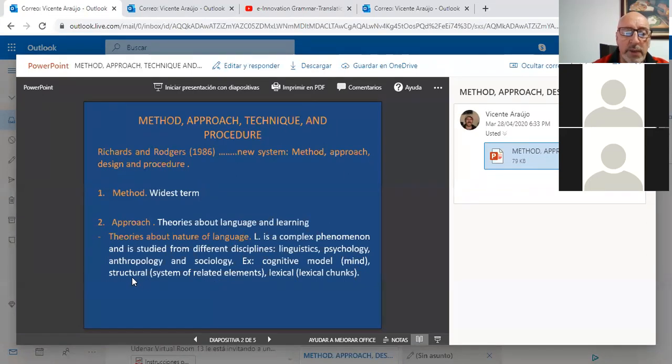So this is another theory. There is still another theory about language. First was the cognitive model: everything is in mind. Second, structural: it's a system of related elements, structures.